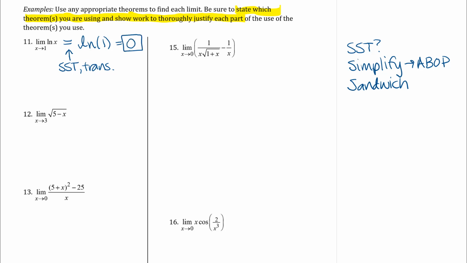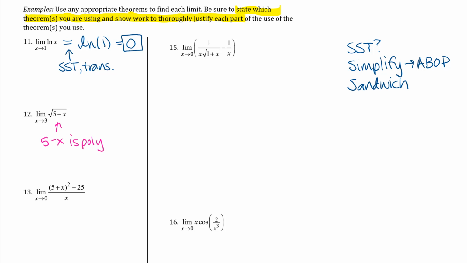Okay, so for the next one, I'm again going to think about whether I can use a substitution shortcut theorem. If I just had 5 minus x without the radical, I would be able to use a substitution shortcut theorem for a polynomial, since 5 minus x is a polynomial. But the square root of 5 minus x is not a polynomial.